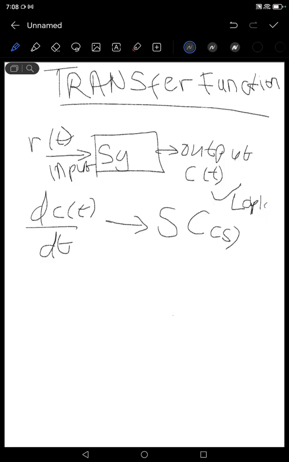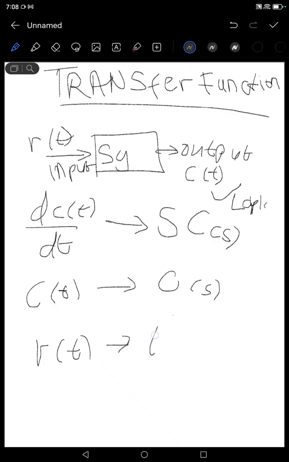When we introduce Laplace on a linear differential equation, we get this. And if we have c(t), when we introduce Laplace, we're gonna have C(s). And if we have r(t), the input, we're going to have R(s). And remember, when we're doing the Laplace, we write in capital letters.